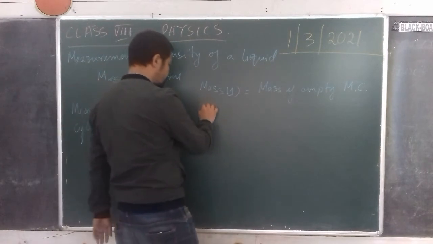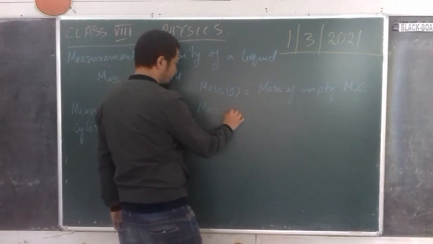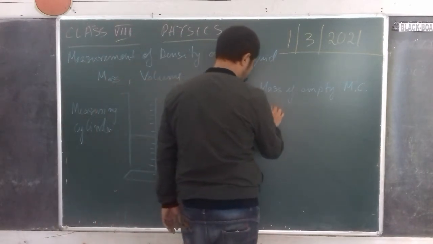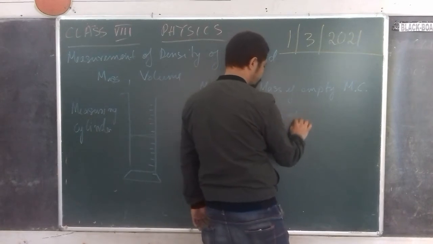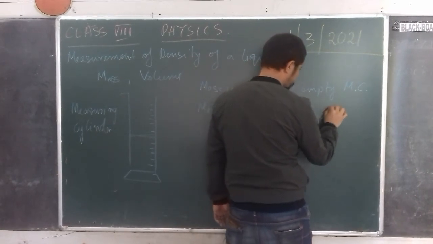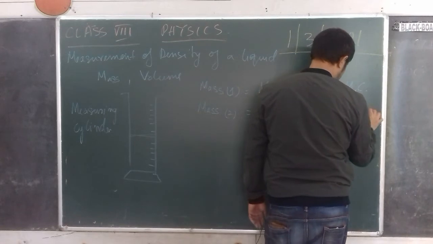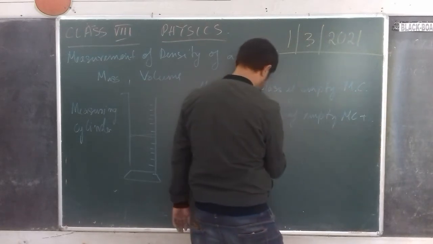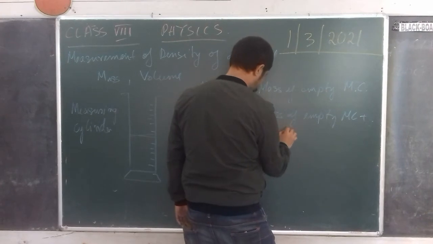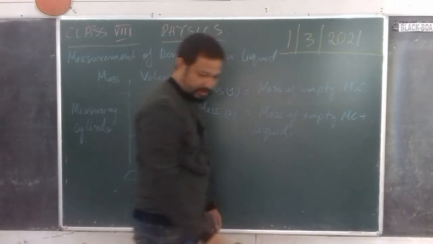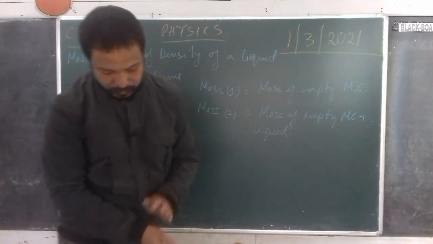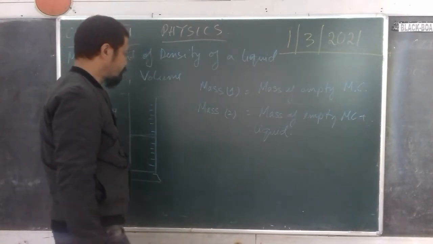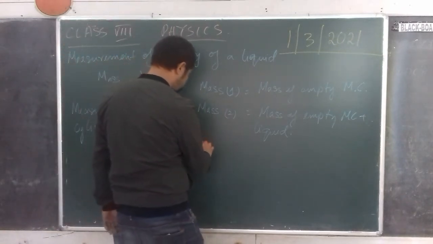Now mass 2 will be mass of empty measuring cylinder plus liquid. So how do you find the mass of the liquid?